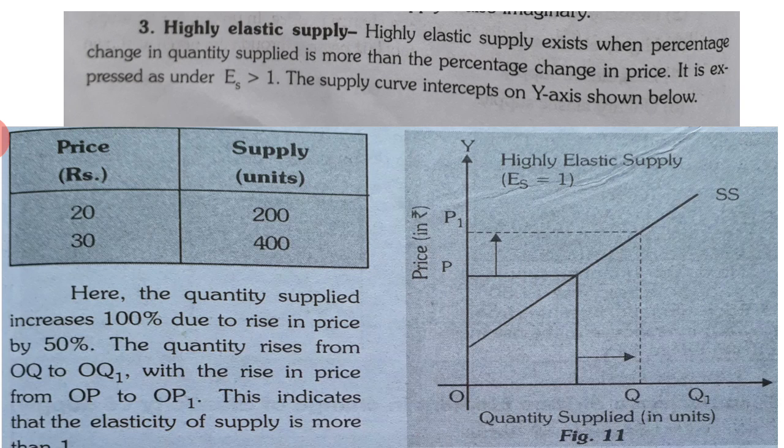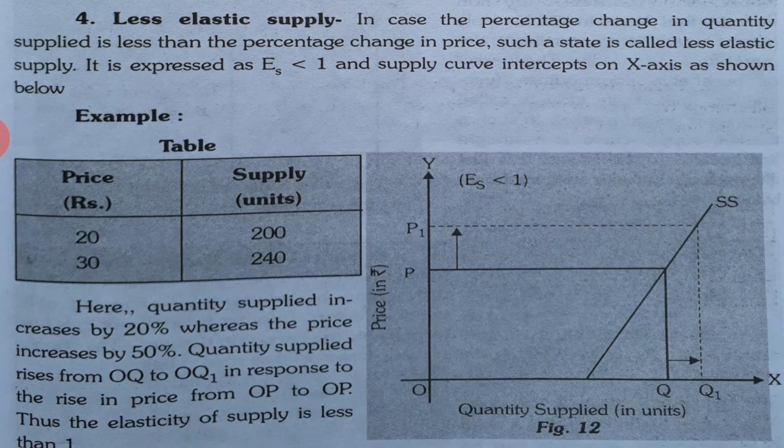You see the graph that supply intercepts, and on the table you can see price is rising only 10. First the price was rupees 20, it becomes 30, but supply doubles. Price is not doubling. Price is almost 1.5 times the previous one, but supply is just double the previous one. So that is called elastic supply, highly elastic supply.